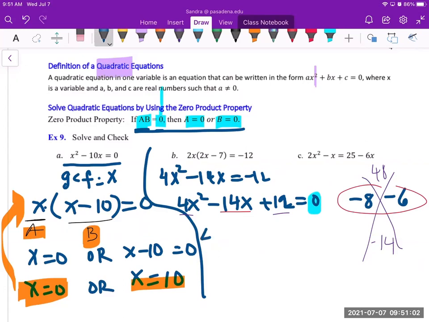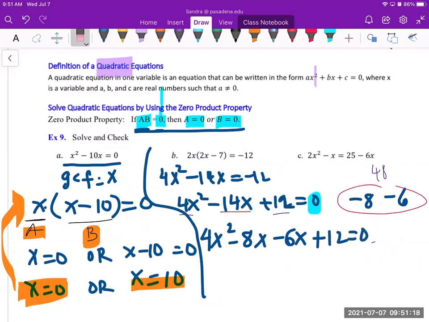So I'm going to replace it for x squared: minus 8x minus 6x, then plus 12, is equal to 0. Let me erase this so I don't get confused here. Then factor out a GCF.